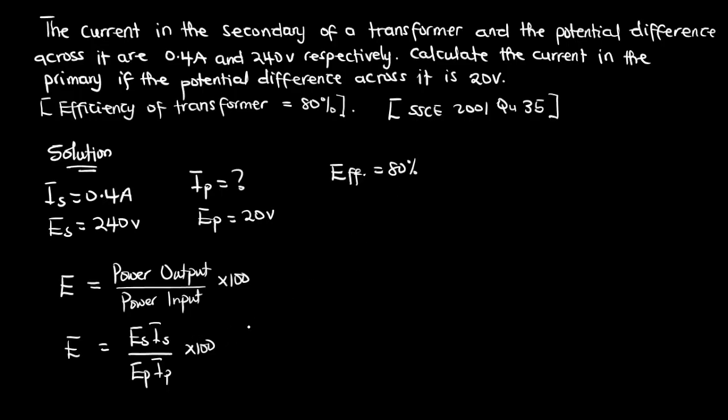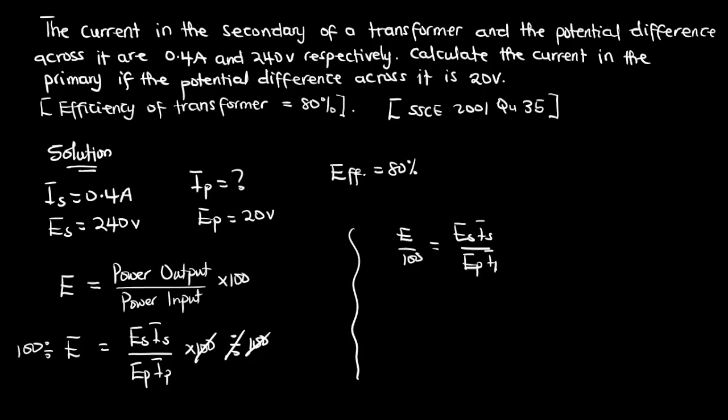So if I want to use 80%, it means that this is already in percentage, so I can get rid of the 100 over here. I'll divide both sides by 100, so this will cancel this over here, and then we'll have this. So basically my efficiency over 100 is equal to ES IS over EP IP, right?